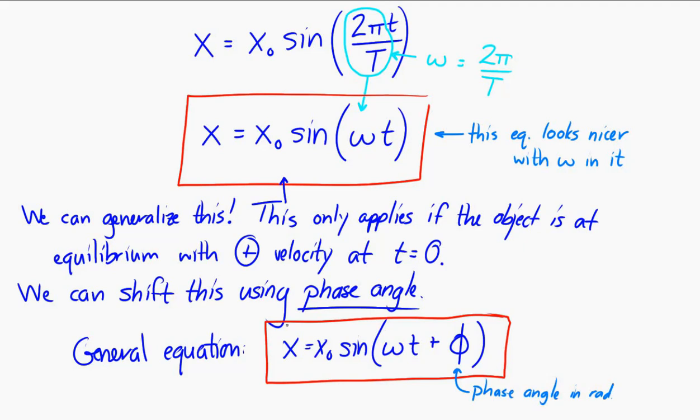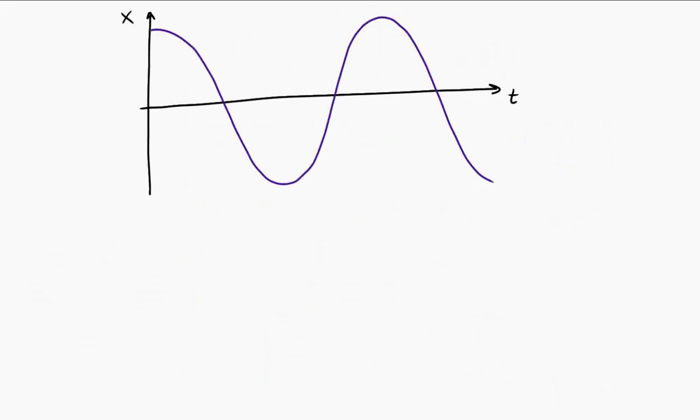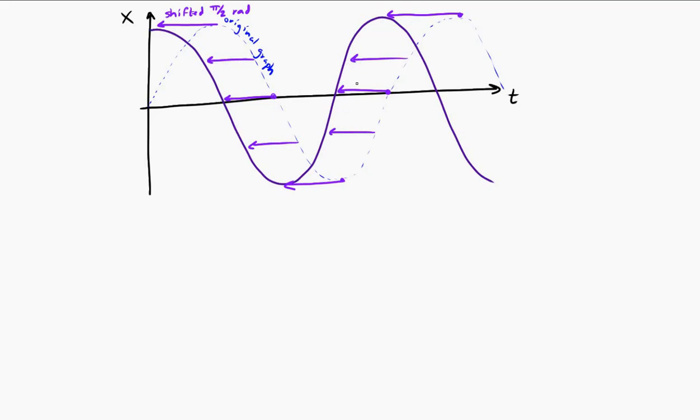So for example, if we have a graph that looks like this, like a cosine graph, that's really just that original bland sine graph shifted to the left by pi over 2 radians, by a phase angle of pi over 2. So we can just rewrite the equation with a phase angle, where we can describe this new graph using the phase angle.